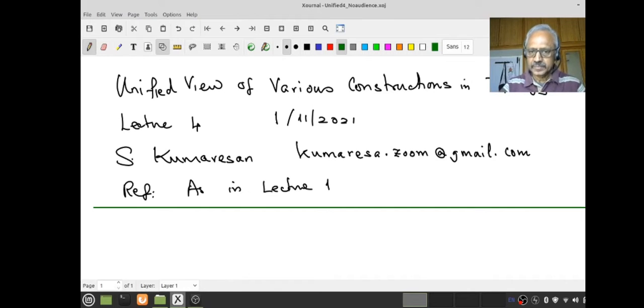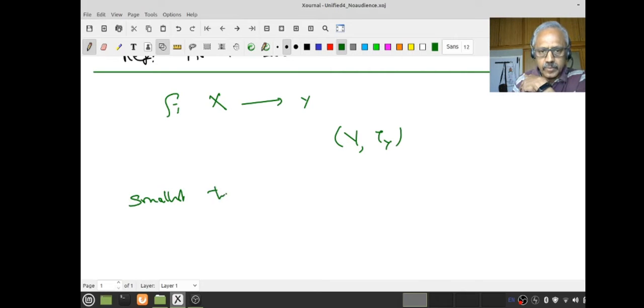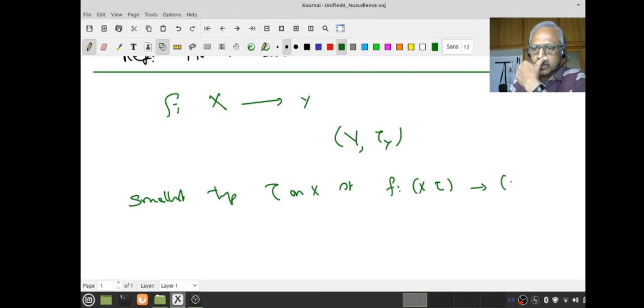So let us formulate the very first thing. Suppose f is a function from X to Y, and let us assume Y has a topology. We look for the smallest topology tau on X so that f from (X, tau) to (Y, tau_Y) is continuous.